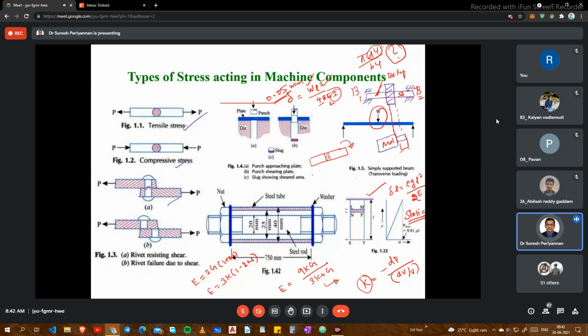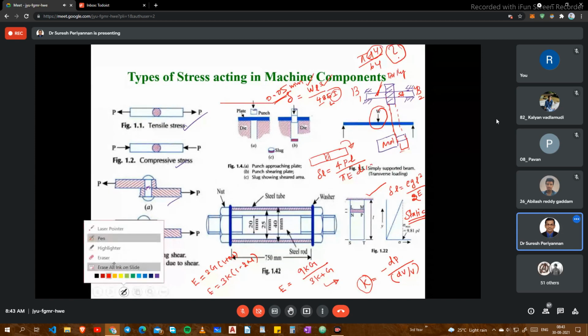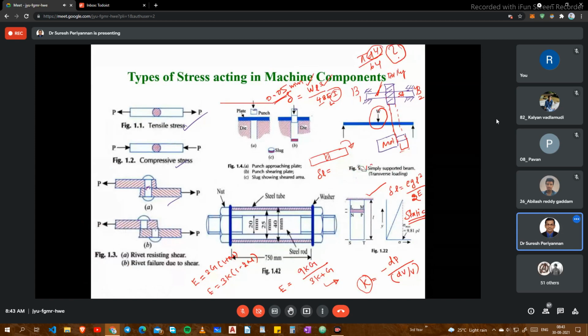What is delta L equal to? 4PL. You might have studied this, but if you didn't, please at least understand the formula. Sorry, rho omega squared, I made a small mistake.